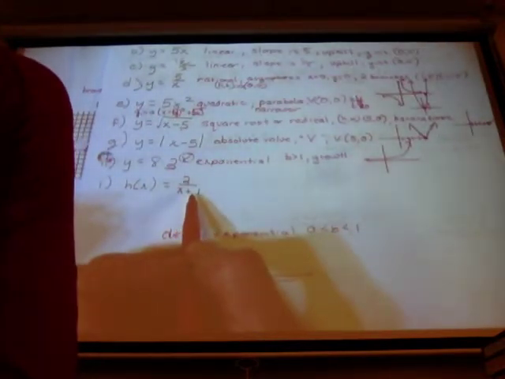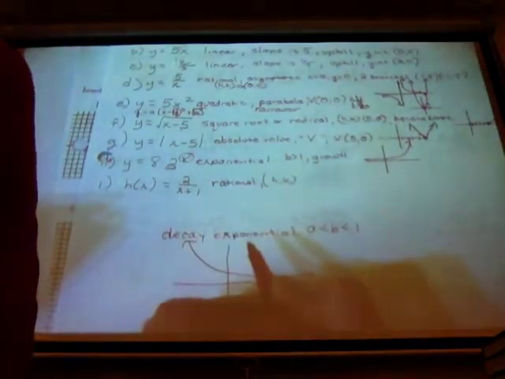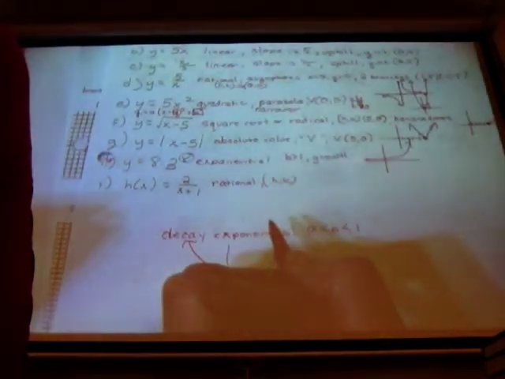Okay? And the last one is what? Emma. It's rational because we have a variable in the denominator. And what's my HK? Negative 1, 0.